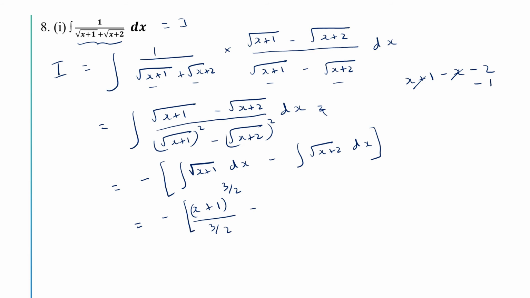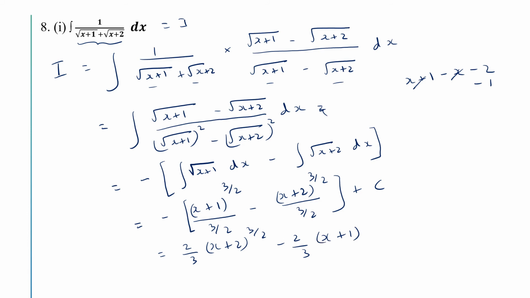Then minus (x plus 2) the whole raised to 3 by 2 divided by 3 by 2 plus c. So bringing the negative sign inside, we get 2 by 3 into (x plus 2) the whole raised to 3 by 2 minus 2 by 3 into (x plus 1) the whole raised to 3 by 2 plus c. This is the given integral.